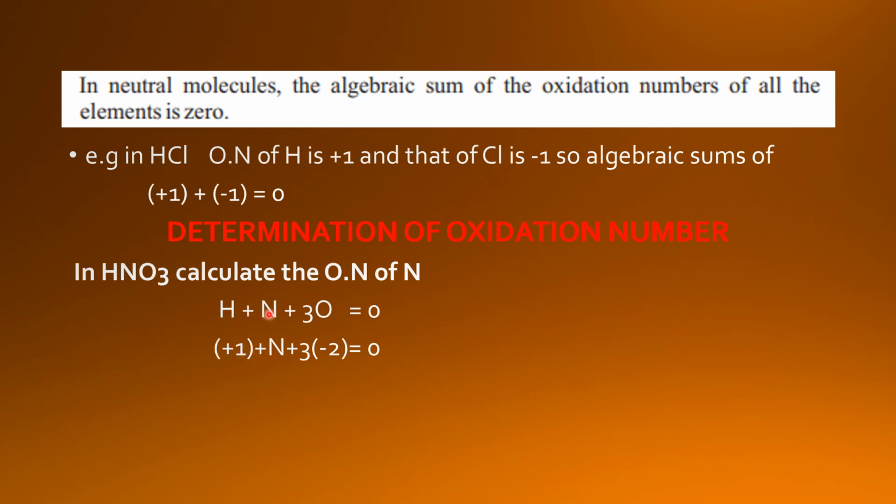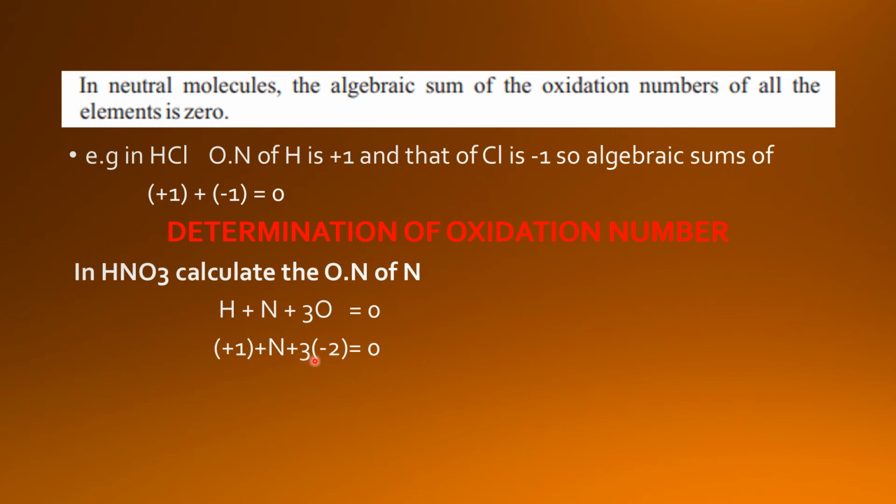Then we want to calculate the oxidation number of nitrogen, so we will write it down as well. And then 3 oxygen atoms. As I have already told you, one oxygen atom carries the -2 charge. So for 3 oxygen atoms we multiply 3 by the -2 charge.